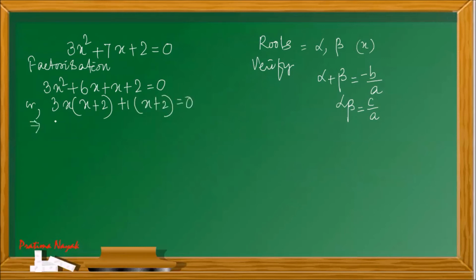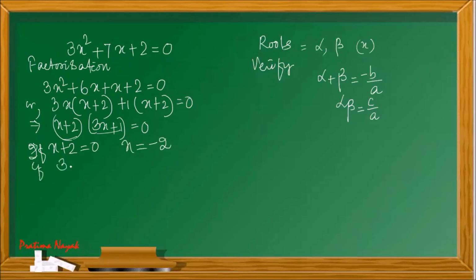Or I'll get x plus 2 into 3x plus 1 is 0. So the product of two terms is 0. That means if x plus 2 is 0, then x is equal to minus 2. If 3x plus 1 is 0, either this is 0 or this is 0, so 3x is minus 1, x is equal to minus 1 by 3.